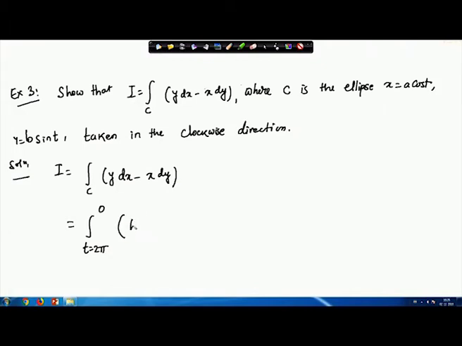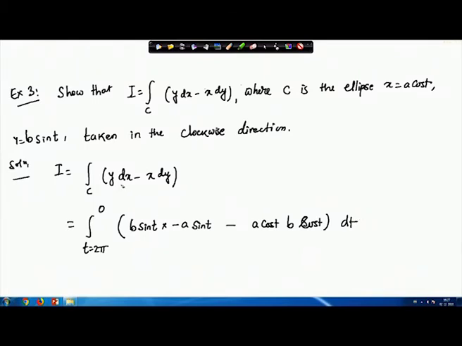Now y is b sin t, and dx/dt will be minus a sin t. Then x is a cos t, and the differentiation of sin t would be cos t, and then we will have dt.